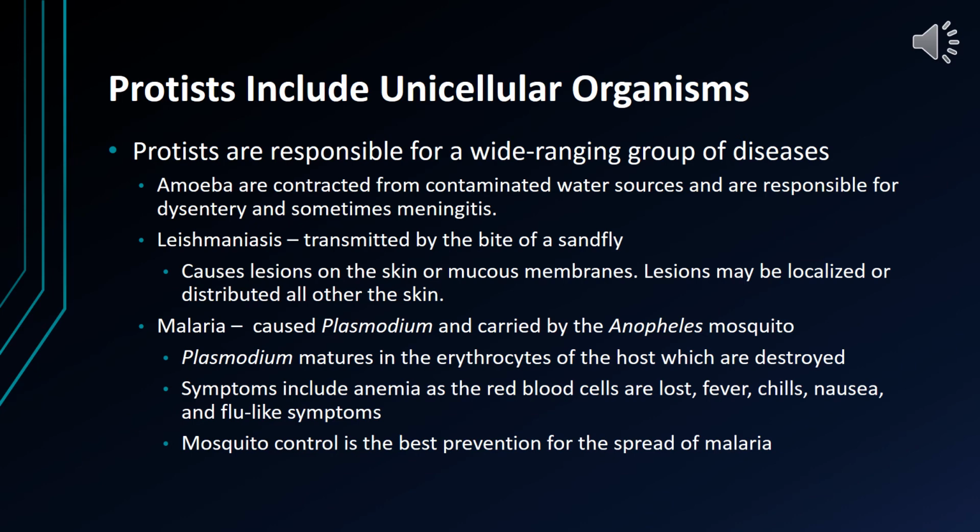So the best way to prevent malaria is to control mosquitoes, and the best way to do this is just to dump any water that you see just randomly placed around. So if you see, for instance, a kiddie pool which hasn't been dumped, it's probably a good idea to dump it, because this will serve as a very good breeding ground for mosquitoes.